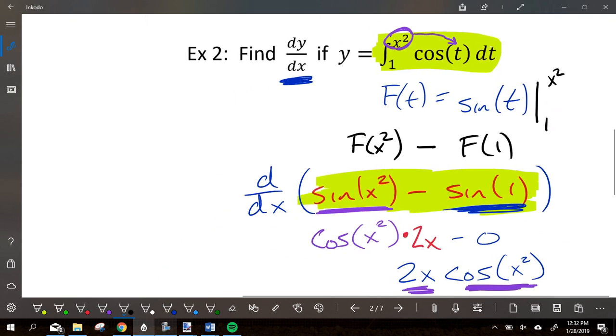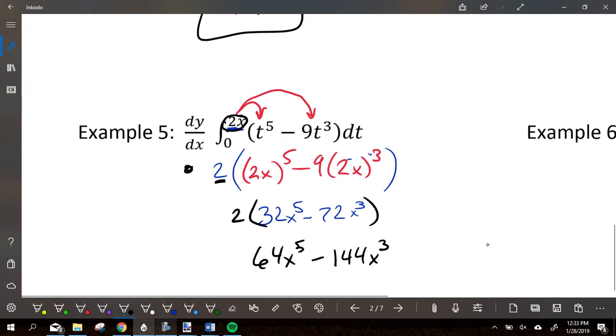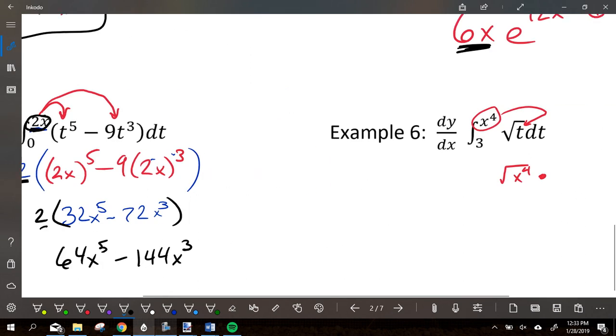When we plugged in x squared, it gave us cosine x squared like we wanted, but the answer we found the long way was 2x cosine x squared. Where's this 2x coming from? That 2x is coming from the derivative of my upper bound. The derivative of 3x squared was 6x. The derivative of 2x here is 2. That's what I'm multiplying by, because it's not just x in my upper bound.